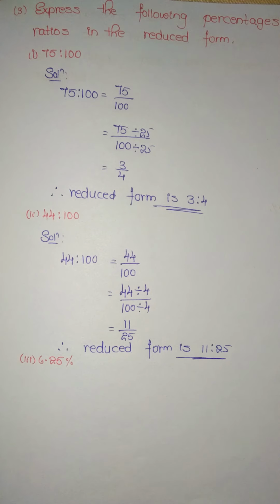Next move on to the question number 3, that is 6.25%. It's already in percentage form, so उसको हम लोग को convert करना है as a ratio A and B. So बाद में उसको solve करना है.